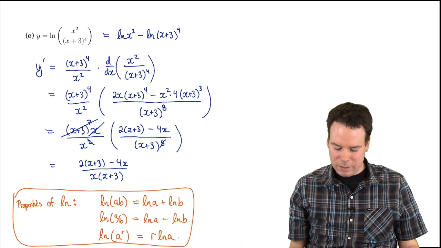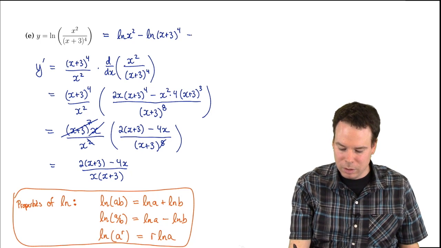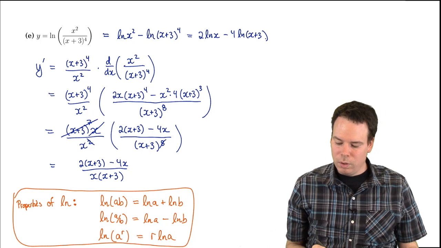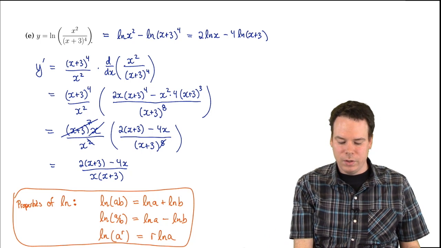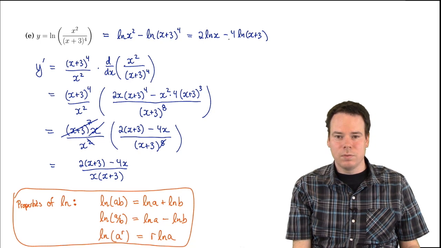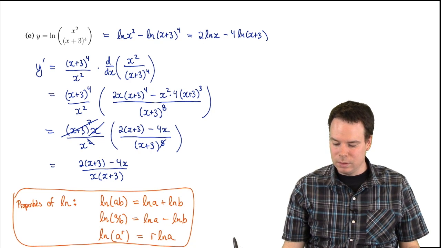But I can use this last property of logarithms that allows me to bring the exponent down and write it as a product. And similarly for the other one. So I could rewrite the original function instead of as a logarithm of a quotient involving powers. Instead, it's a difference of logarithms involving products with constants.